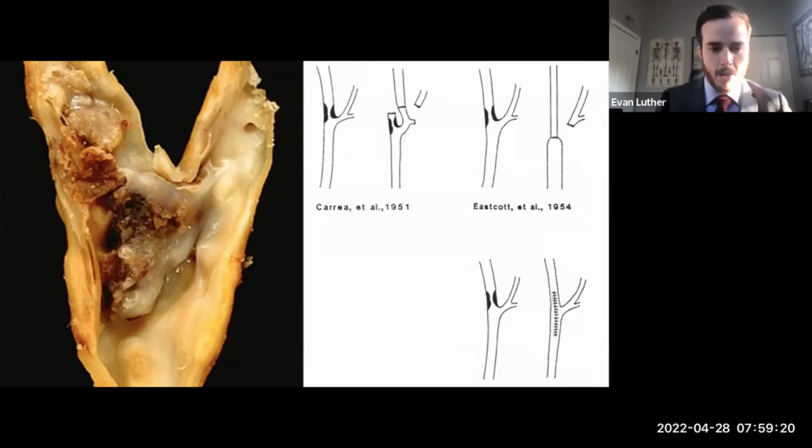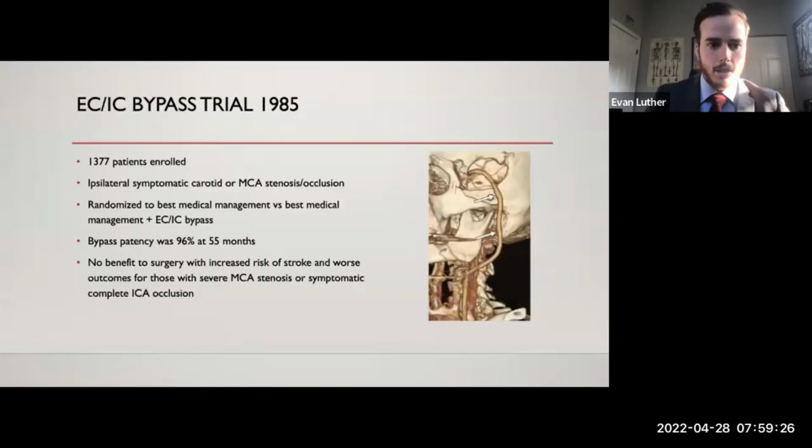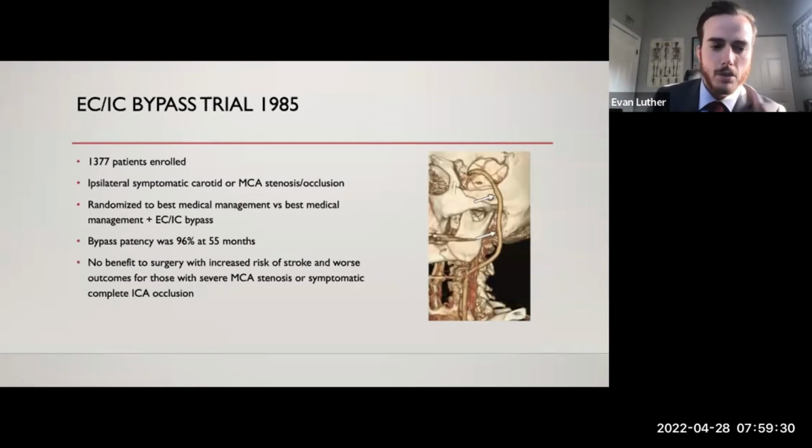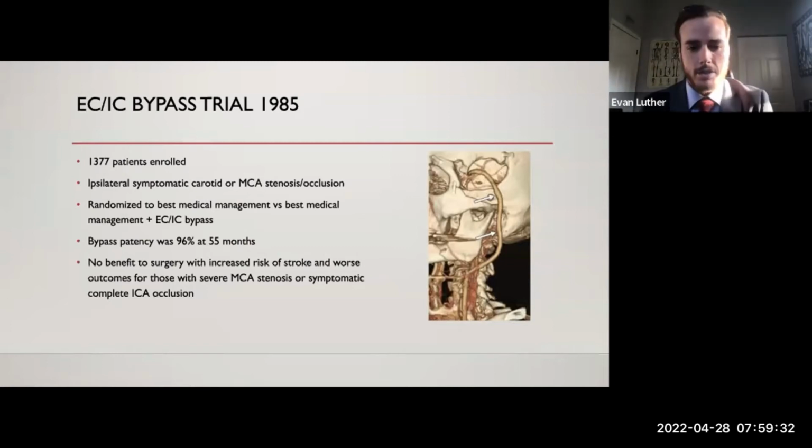Here on the bottom right is an example of what a typical carotid endarterectomy looks like today. The first bypass trial for carotid stenosis, intracranial stenosis, was done in 1985.